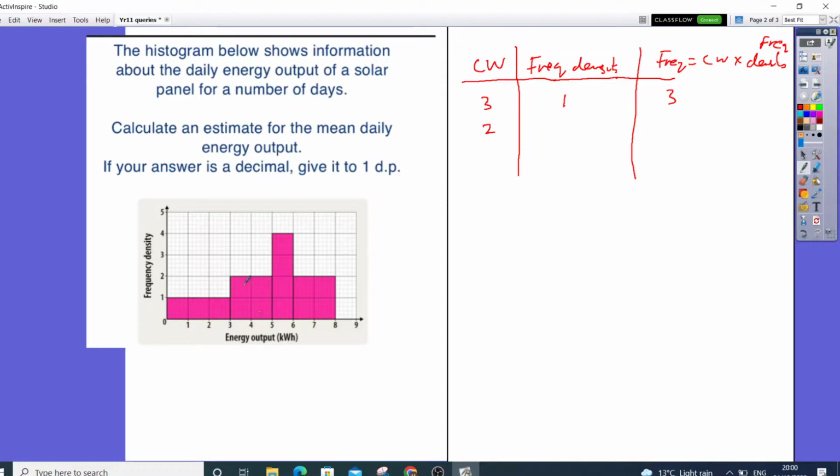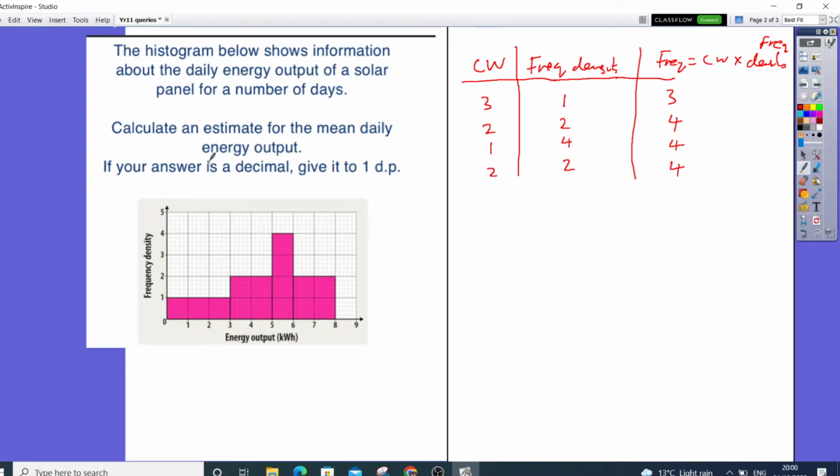Class width is 2, height is 2, and 2 times 2 is 4. And the next one, we've got class width is 1, and the height is 4. So we've got 1 times 4 is 4, it's the frequency. And this one, 6 to 8, class width is 2, and the frequency density is 2. 2 times 2 is 4.